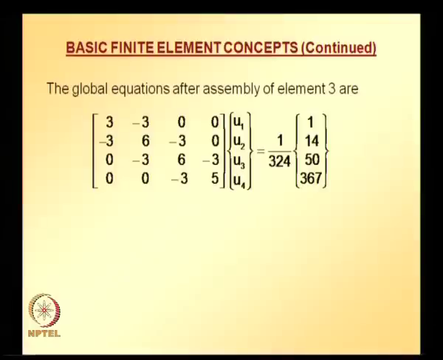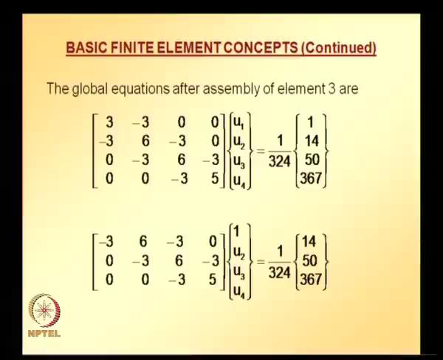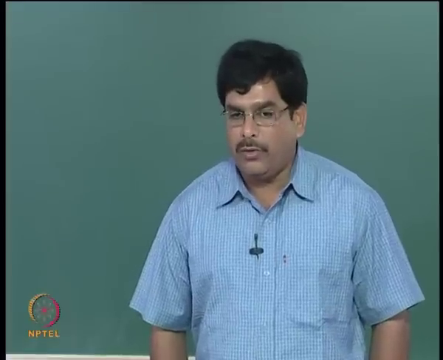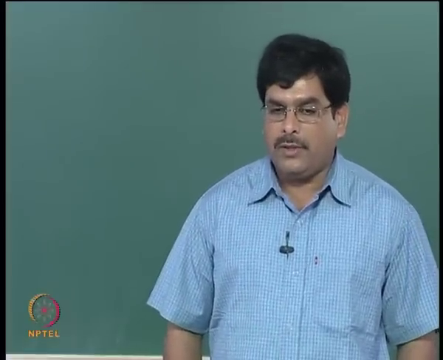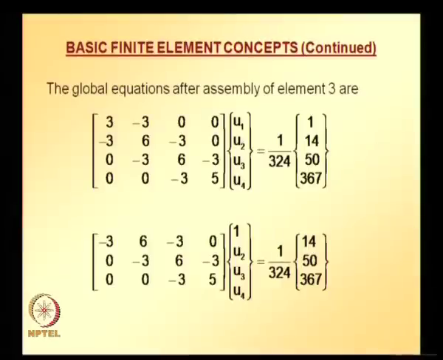So in the global equation system you substitute u1 equal to 1, and wherever an essential boundary condition is specified, that row you can remove from the global equation system, that is, from the stiffness-like matrix you remove that row, and in the force-like vector you remove that particular component. Okay.